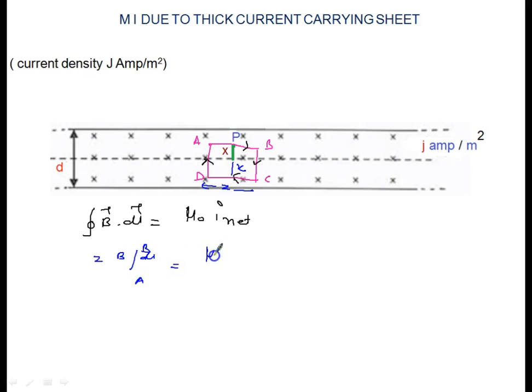And what is this? This is mu naught. Current density is J, so I will write J. What is the area of cross section of this Amperian loop?